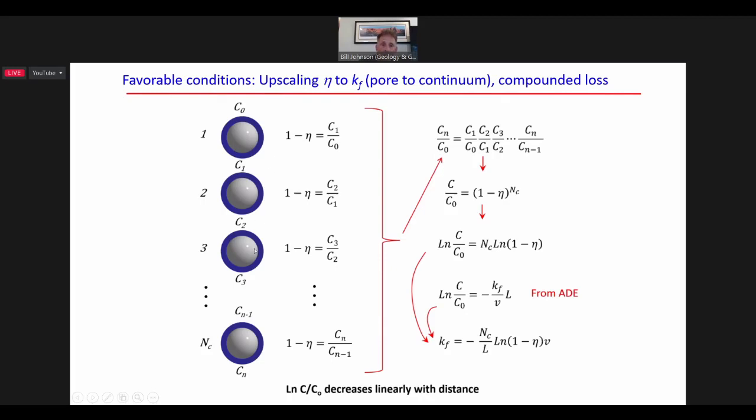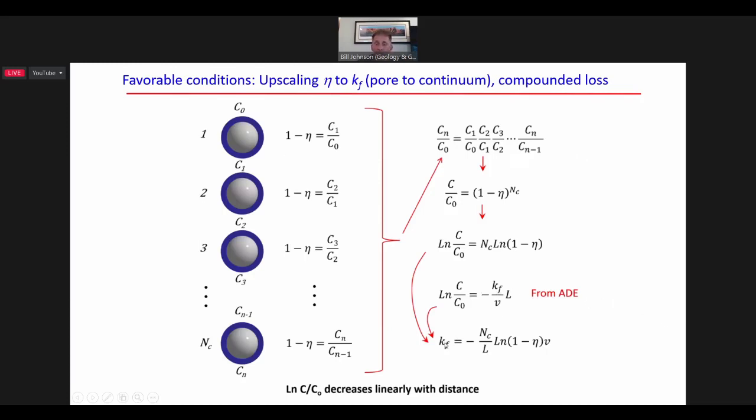That's true for every grain in the series, so by the time you get to the nth grain, the ratio of Cn over C0 is equal to 1 minus eta to the power of the number of grains or collectors passed. We can do a log transformation of that and equate it to the simplified equation I introduced to describe column experiments based on the rate coefficient.